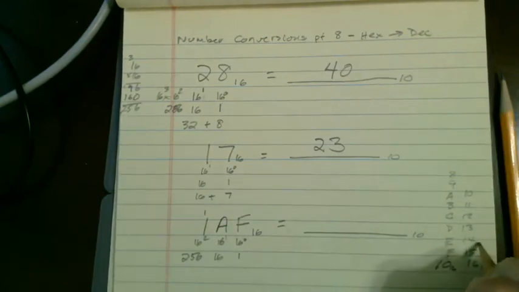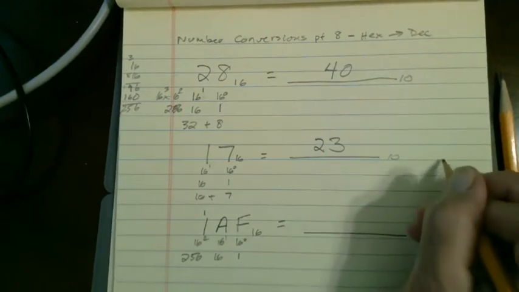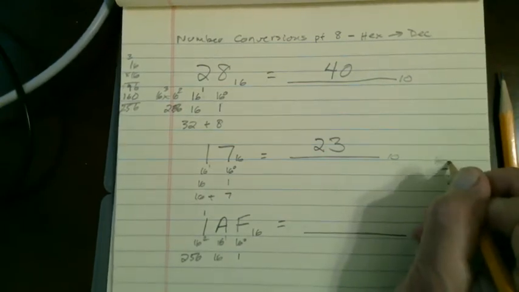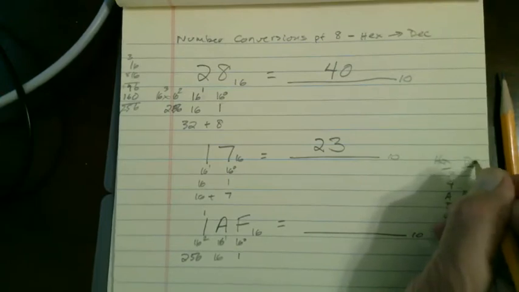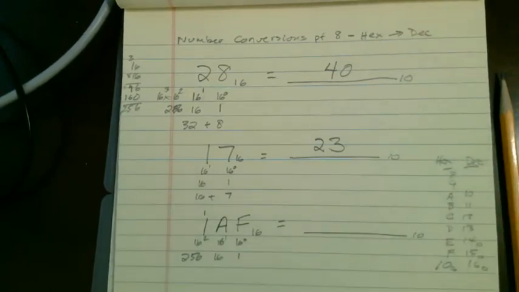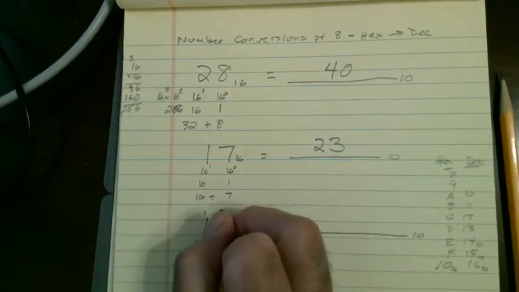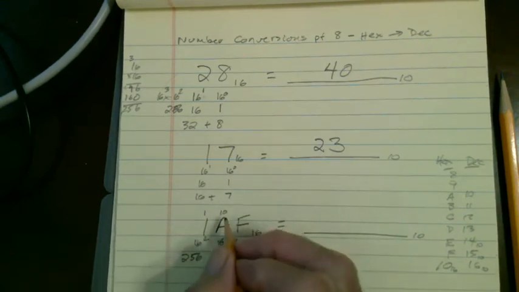So all of these are my base 10 numbers. These are my hex. These are my decimal numbers. So A is 10. F is A, B, C, D, E, F.